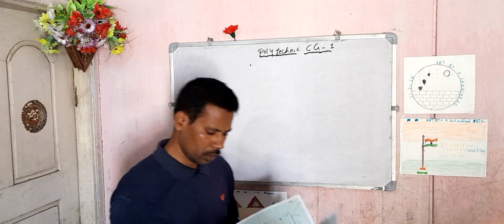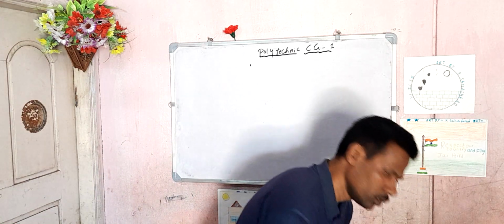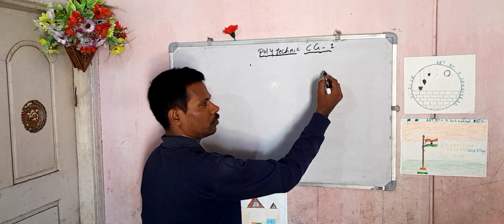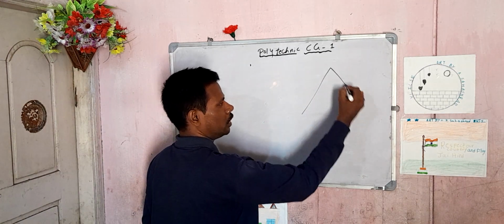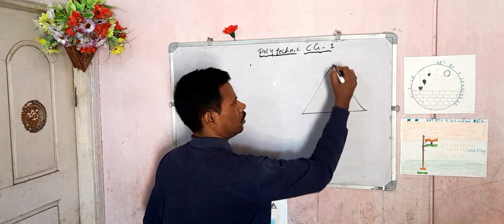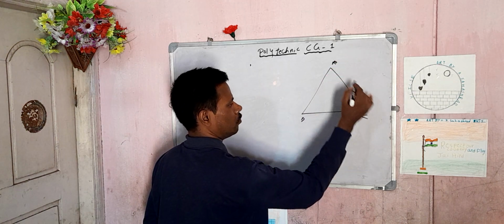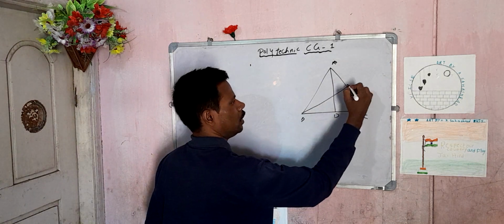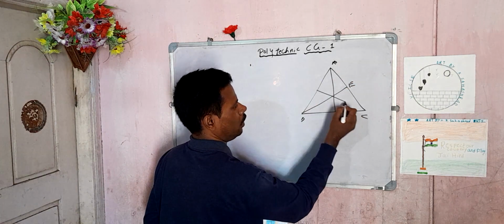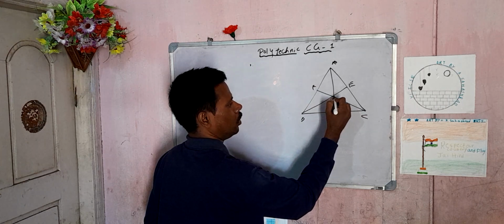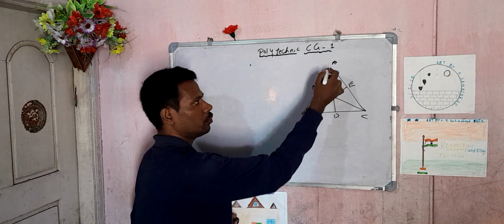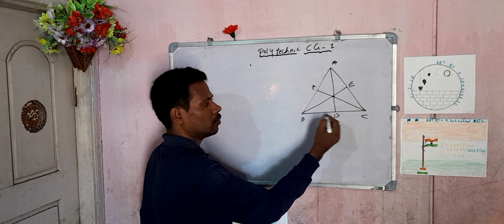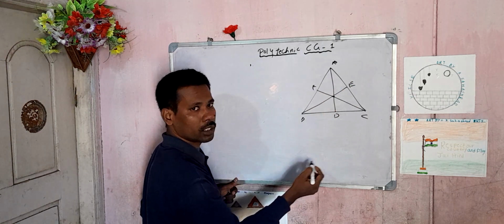And centroid, let us go to centroid. What do you mean by centroid? It is the point where all the medians meet together in a triangle. This is D, AD, DE and CF. AD is the median, DE is the median, CF is the median.